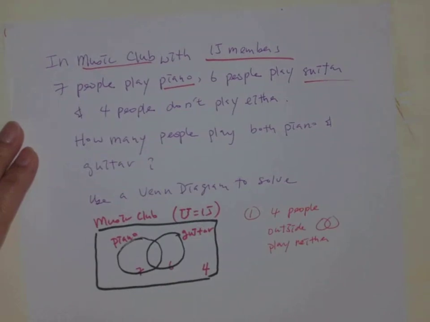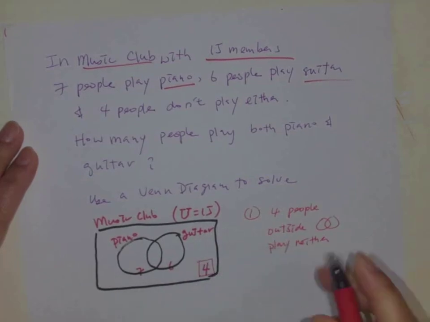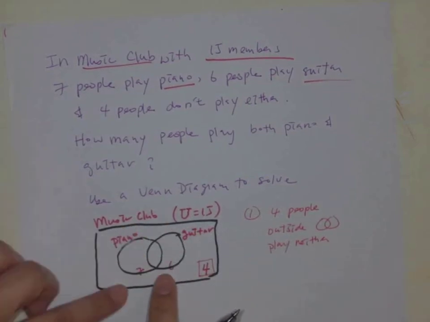So we want to think about how many are overlapping. So this 4 is for sure the correct number, but over here the 2 circle add up to what? 6 plus 7 is 13.